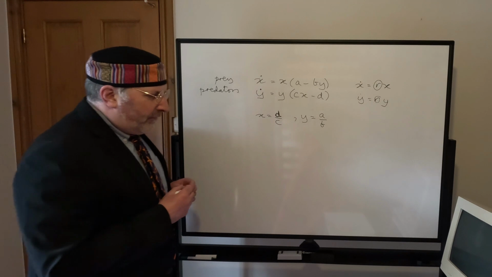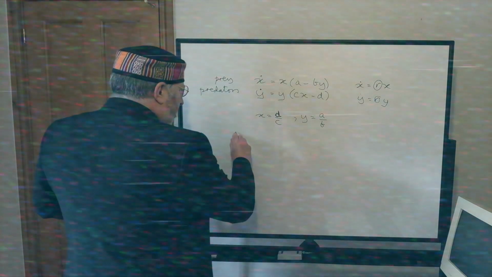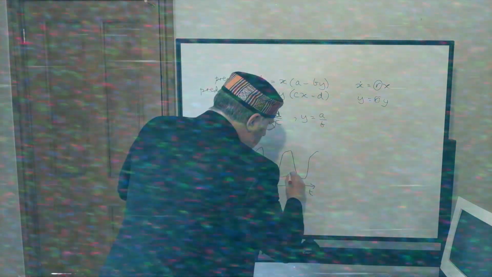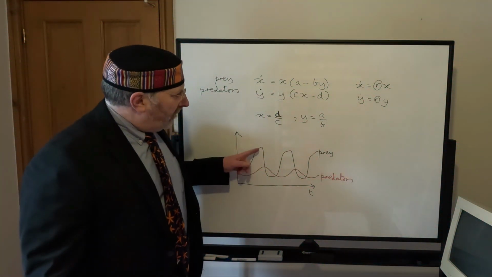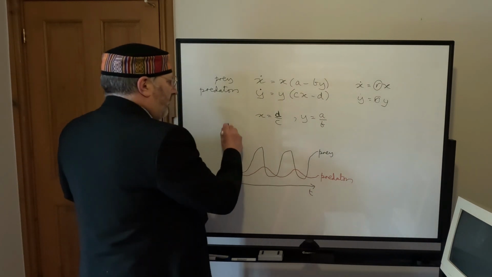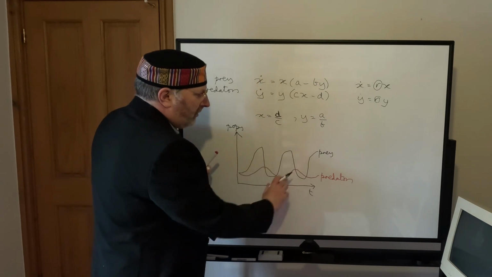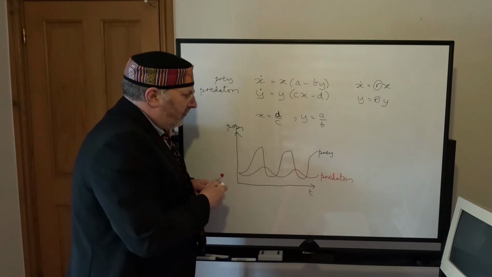And if you do that, then you get something like this. We have cycles in the populations of predators and prey. These represent their populations. The prey population here is shown in black and the predators in red.